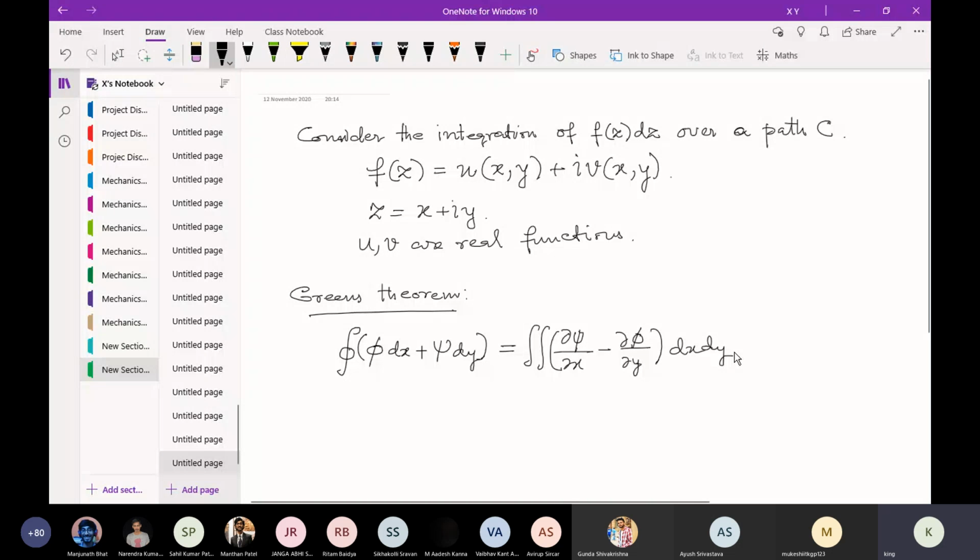So to understand this, we will look at these individual derivatives.